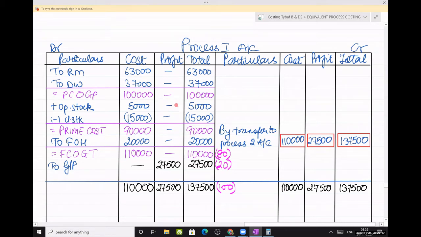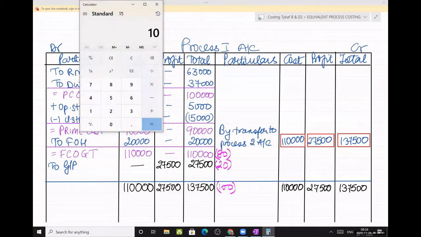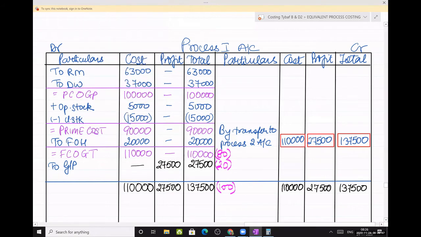Total is also 5. Closing stock is how much? 15,000. What did I tell you just now when I was discussing the question? If there is no profit in opening stock, then there should be none in closing stock either. So 1 lakh plus 5,000 is 1 lakh 5,000, and 1 lakh 5,000 minus 15,000 is 90,000.